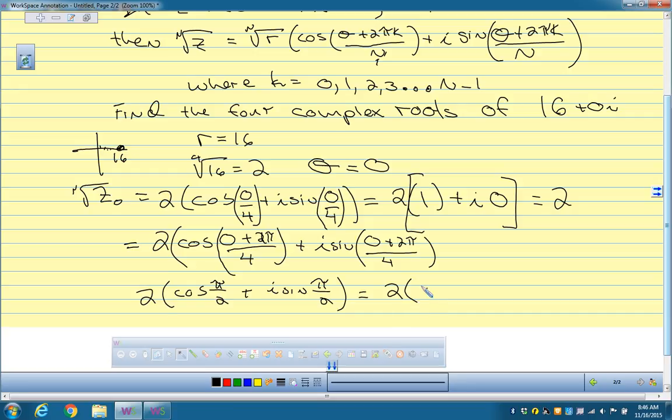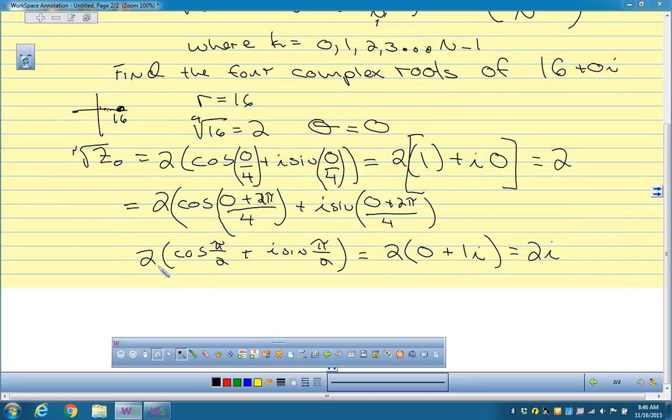So you get 2 times 0 plus I sine of pi over 2 is 1i, right? 1i, or I times 1, which comes out to be 2i. There's your next complex root. It's 2, -2, 2i, -2i. That's what it's going to be in this case. But it doesn't always come out as neat as that.